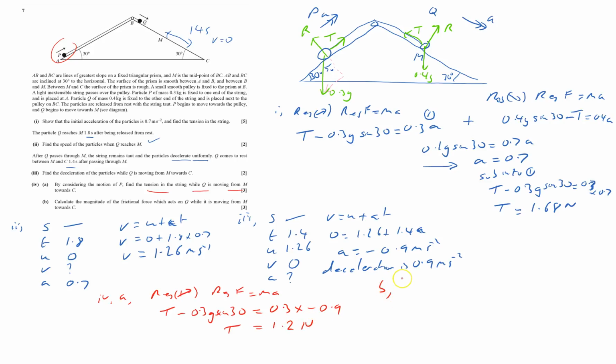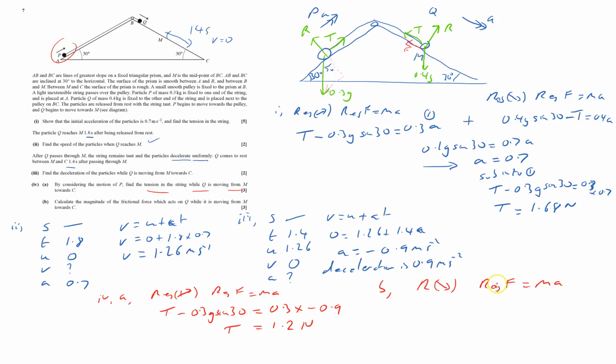And then finally part B: calculate the magnitude of the frictional force which acts on Q while it's moving. So I'll do it in red, there's now a friction force as it goes beyond here. So for B, I'm now going to resolve down the slope, and resultant force equals mass times acceleration.